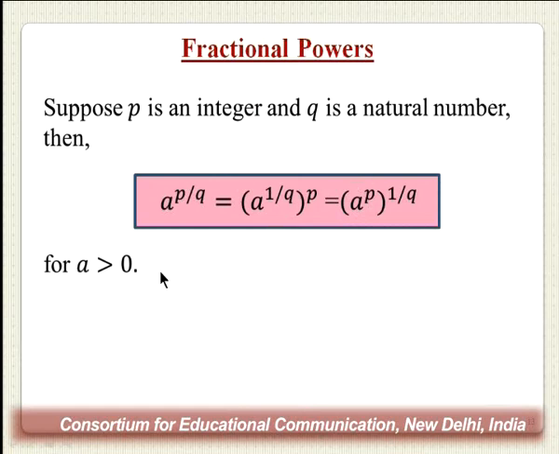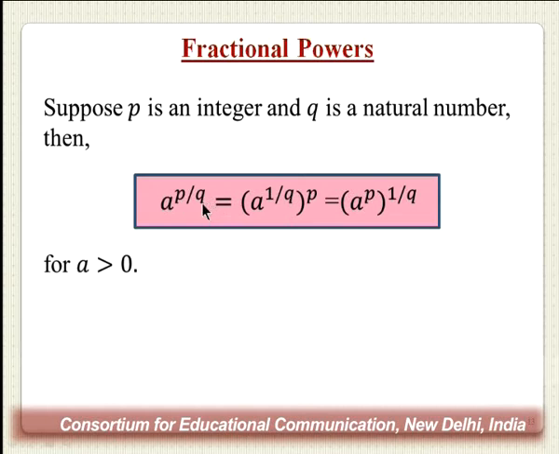Then our rule says, this is the rule for fractional powers, that if I were to raise a to the power p by q, and you can see here p by q will be a fraction because p is an integer, q we are not allowing to be 0 or negative, right? We are taking q to be a natural number. Basically, q should not be 0 here because we have p by q.